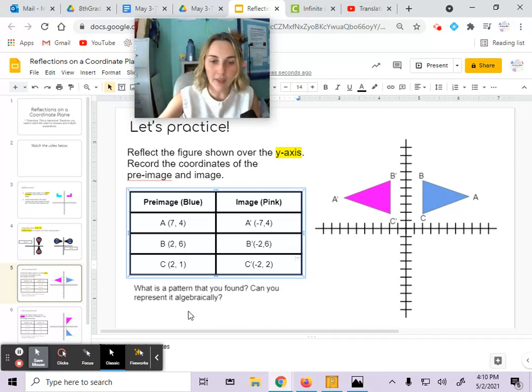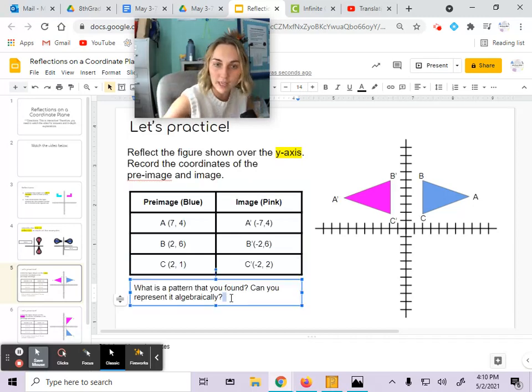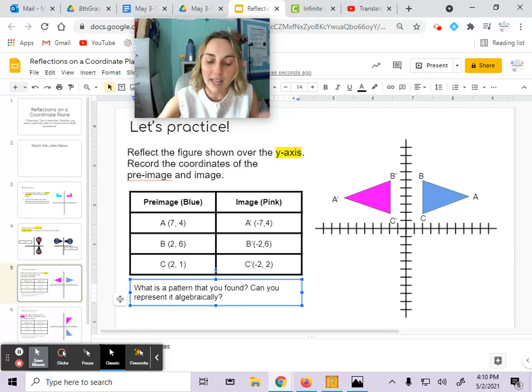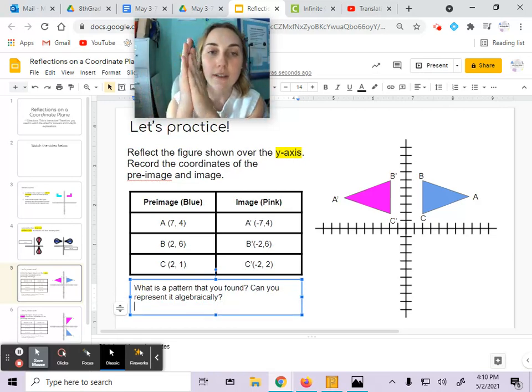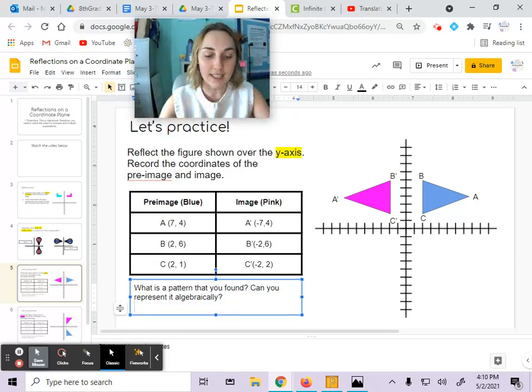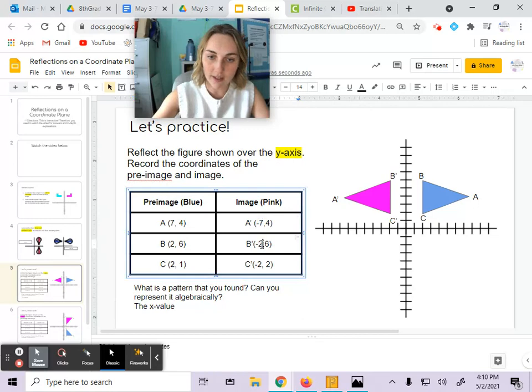So here's our things. And now we need to notice, what pattern have we found? Okay, so what did we find on this? Well, as you can see, when the figure was flipped over the y-axis, the x value in our coordinates became the opposite.